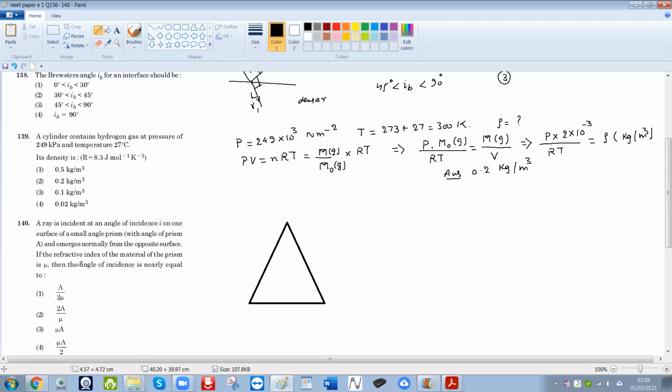So suppose the question says that we have a small angle prism and the ray of light is incident at such an angle that it emerges normally from the opposite surface.